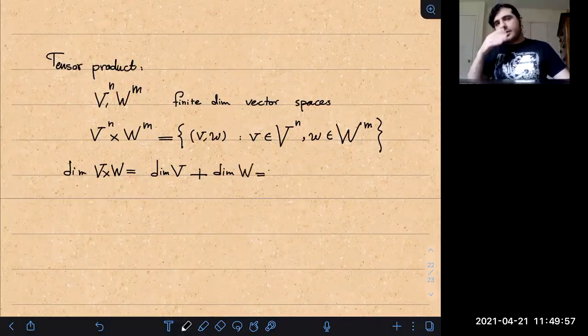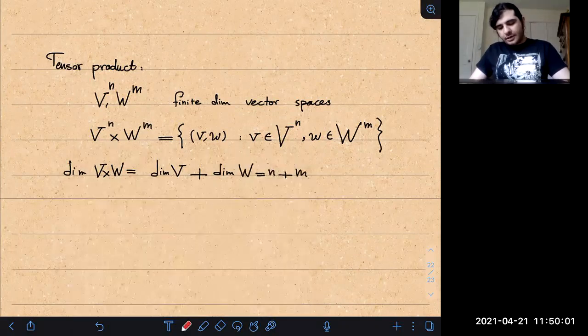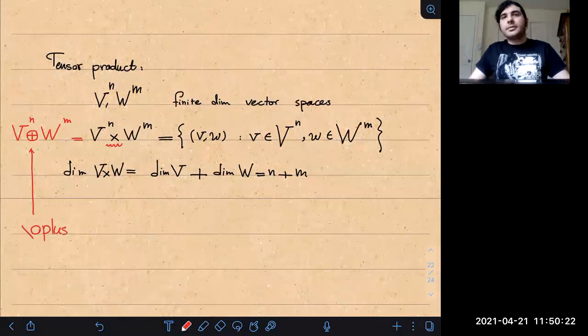So there are different notations. Sometimes we use this product, as you can see here, V times W. But also sometimes people use V plus W, but it's a plus inside a circle.